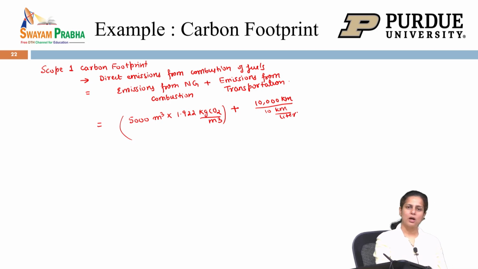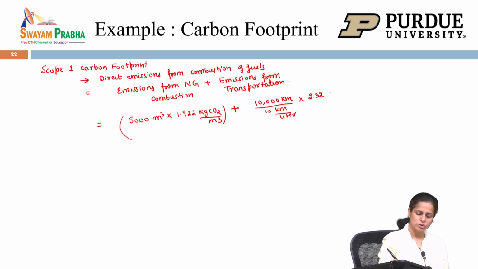So, that will give us how much gasoline is being consumed, and then we multiply by the emission factor, which is the 2.32 kg CO2 per liter of gasoline combustion. So, that will give us the portion from the gasoline consumption.